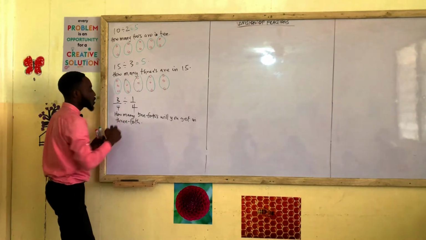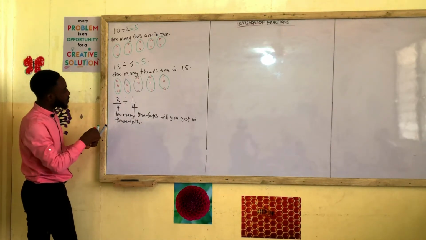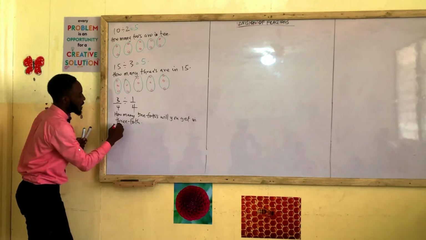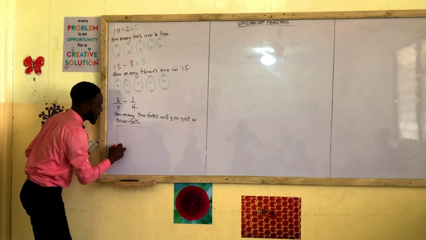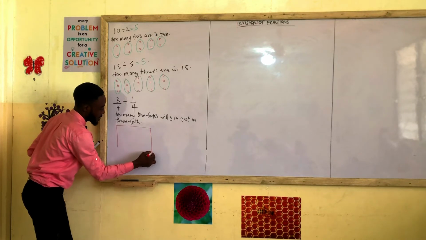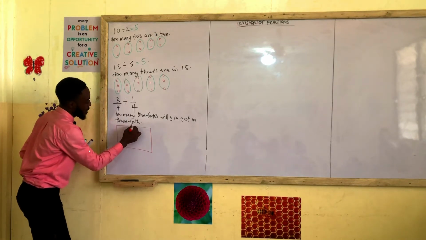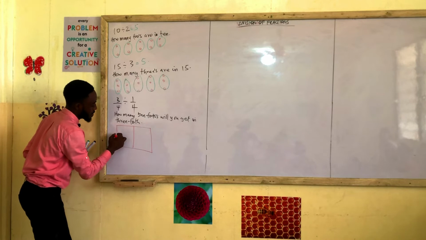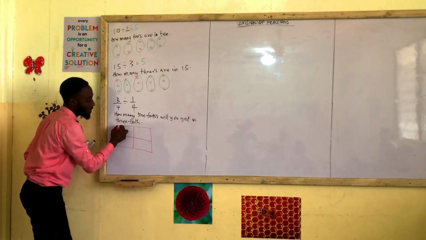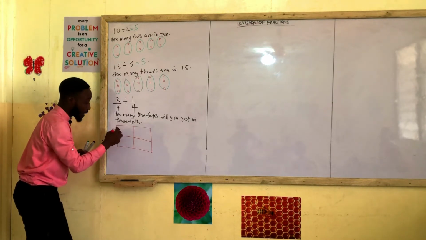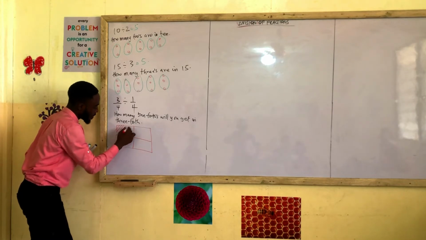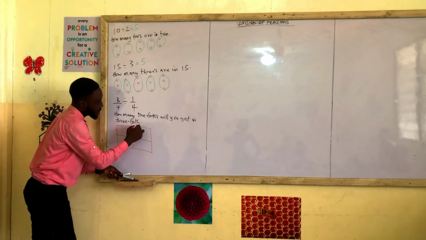Perfect. So if you represent this graphically, I want to draw 1/4 this way, 3/4 like this. So how many parts should I shade for 3/4? 3 parts, exactly. So 3/4.